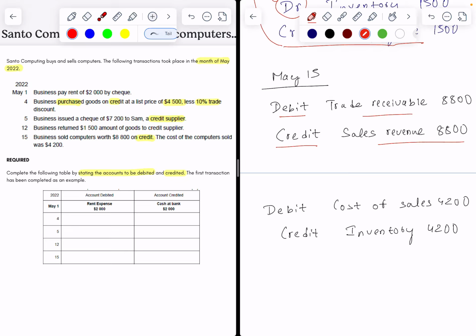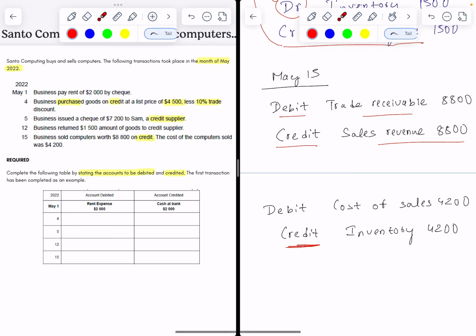Obviously, that's how businesses are conducted, to make money in this case. So that inventory which Santo originally bought in the business would have been recorded as an asset and he would have debited that by $4,200. But now that the inventory has been sold to a customer, it no longer remains in the books. Therefore, assets are going down in value, and to reflect that, we would credit the inventory account by $4,200, all right?